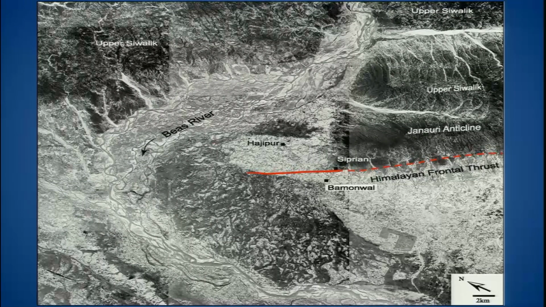So this is the Himalayan frontal thrust, the active fault trace. Of course there were a few more signatures here, but this was the most prominent one which we marked, and this is another fault which is again part of the active fault here, and the major fault system Himalayan frontal thrust. We have termed this the Hajipur fault.